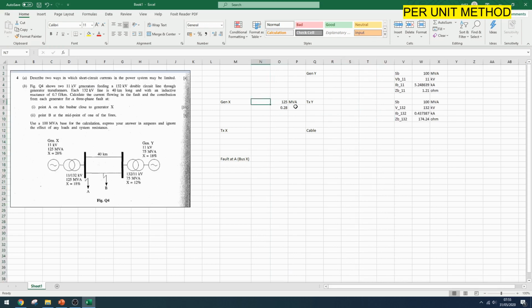Okay, so this is the S rating, this is the Z already. So I've converted from percentage into the normal value lah. Alright, so what's the S per unit, sorry. The impedance in terms of Z per unit would be what? Hold on. So this is Z per unit in terms of the old base.